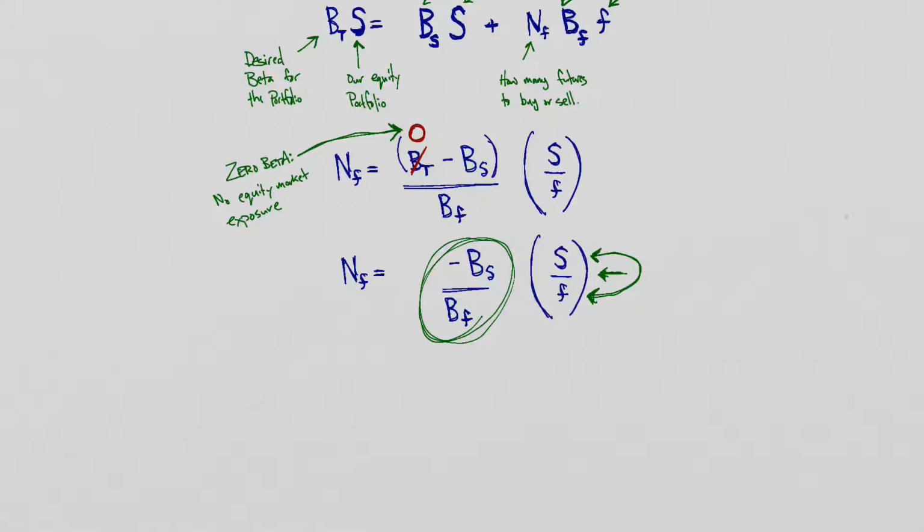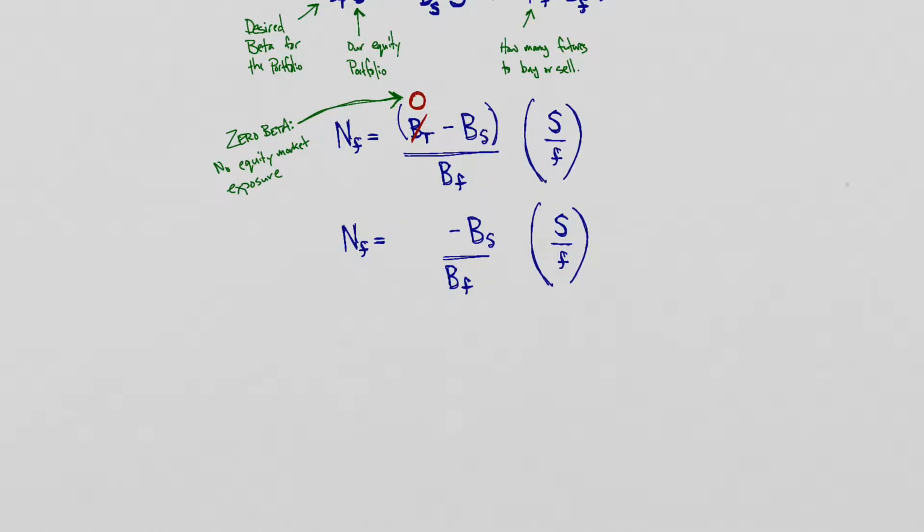So to put some numbers to this, the number of futures that I need to sell here, because it's a negative number, would depend on the size of my portfolio. Let's say I have $1 million invested in the equity market. It's a portfolio of $1 million. And the futures size, one futures contract, is worth $275,000 of market exposure.